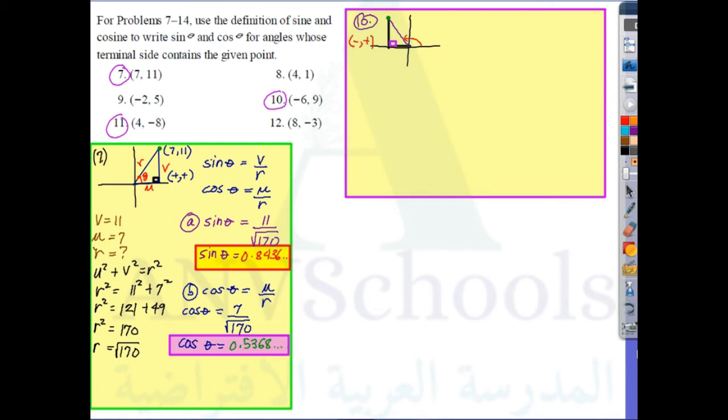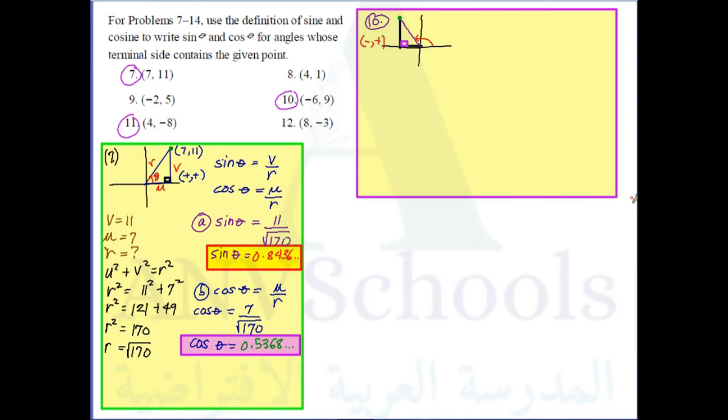This point is (-6, 9). So our u first is 6, and our v is 9. This is our r, this is our v, this is our u.